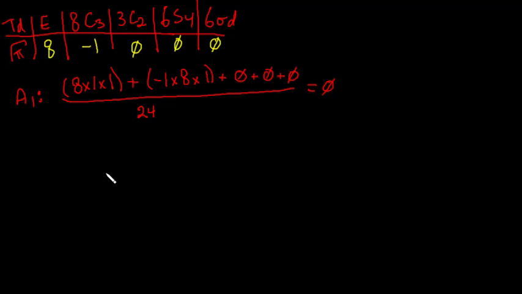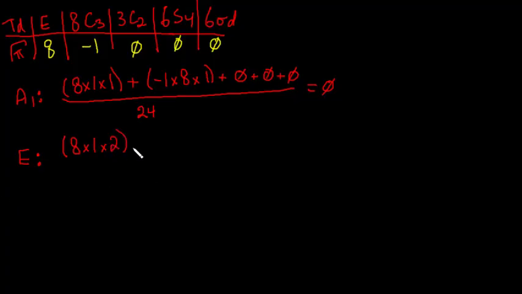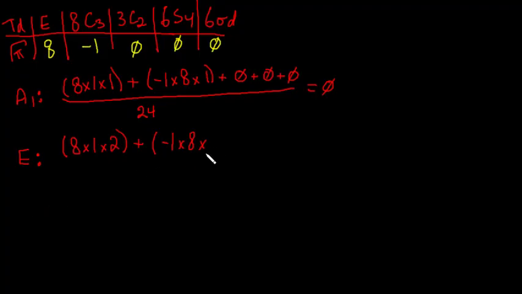Let's take a look at E. So in this example we have E. So 8 times 1 for coefficient times +2, and then we have -1 times 8 times -1, and then zeros, all over 24.